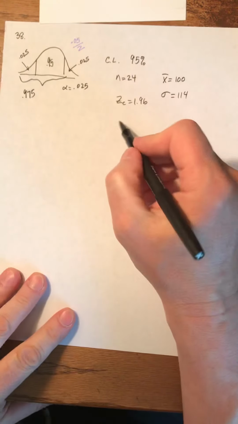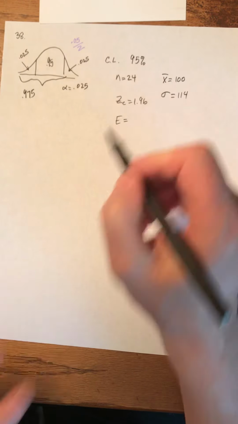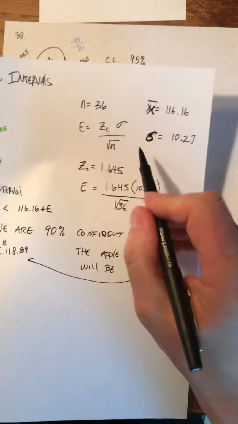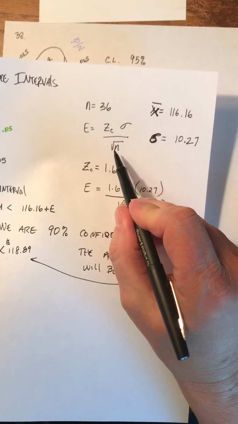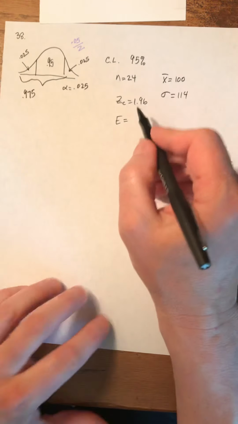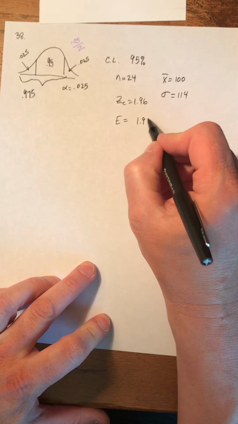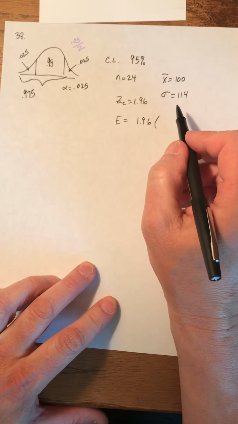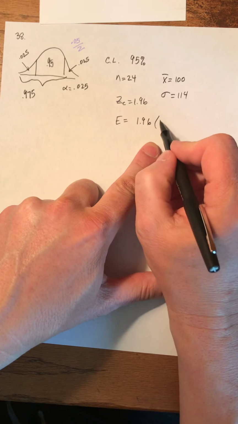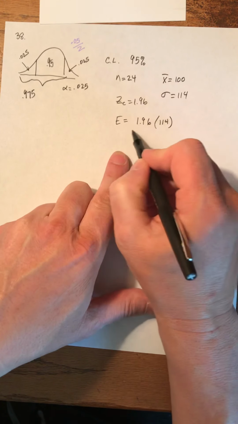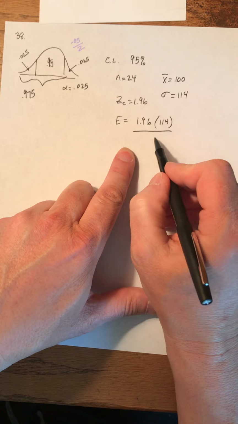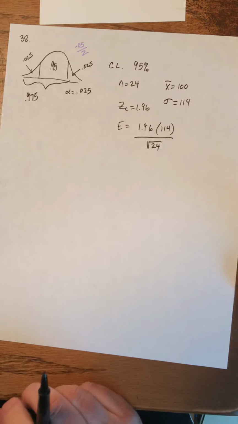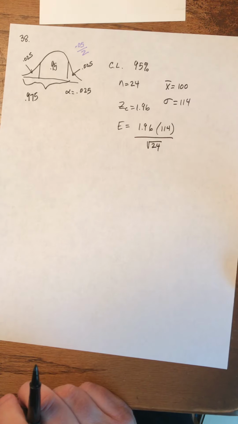So we have everything we need. Now we're going to find what we call the margin of error. And if you remember, the margin of error goes by this formula here. So we're going to get our z-score, which is 1.96. We're going to multiply it by our standard deviation, which was 114, and we're going to divide it by the square root of the sample size, which is the square root of 24.